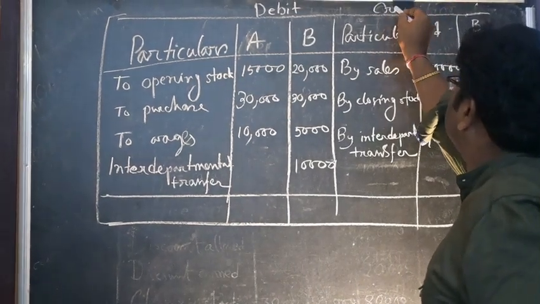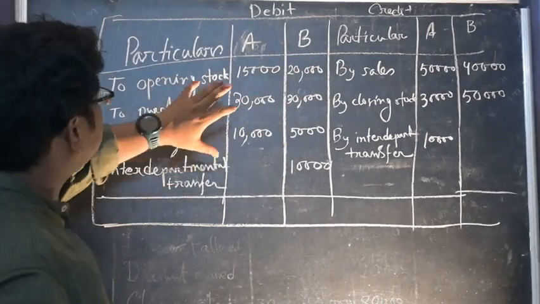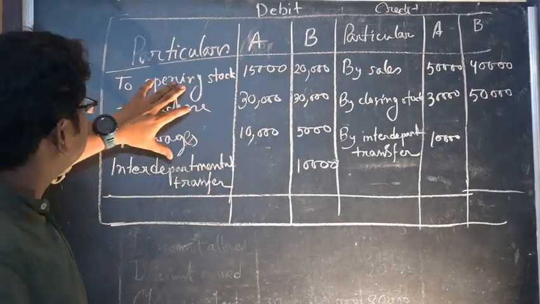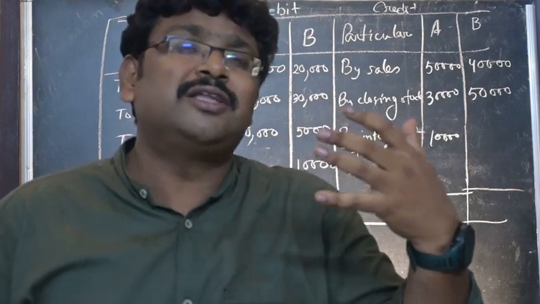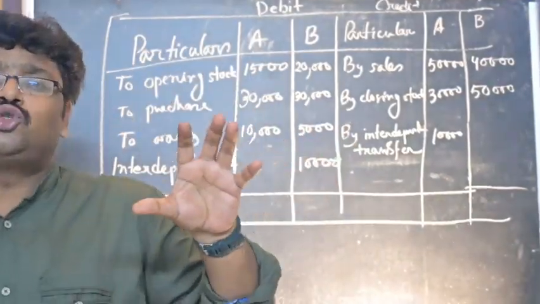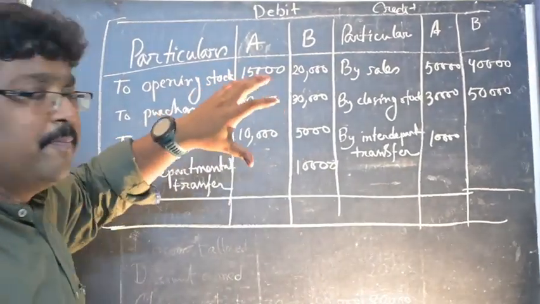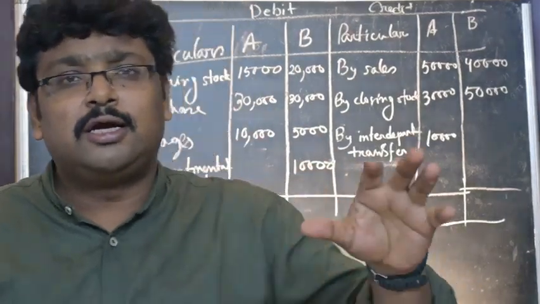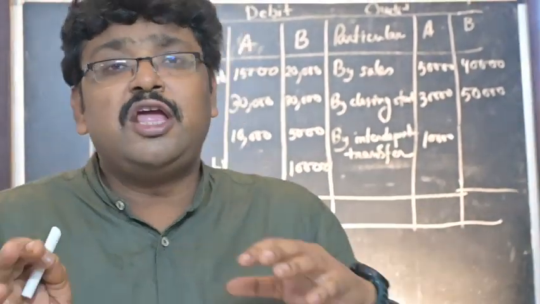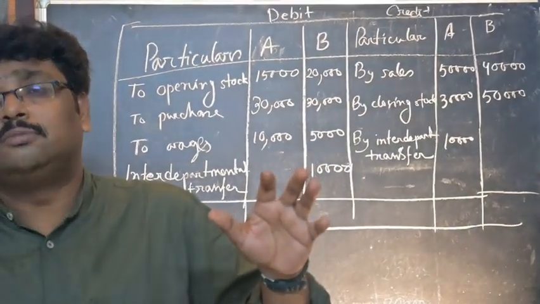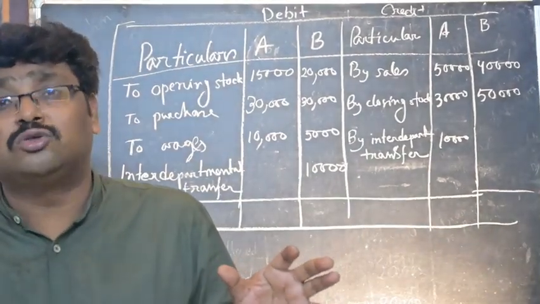Now, on the debit side, what is the opening stock in our accounting understanding? The opening stock is actually the closing stock of the previous year. And this problem is for the year that ended 31st March 2024.